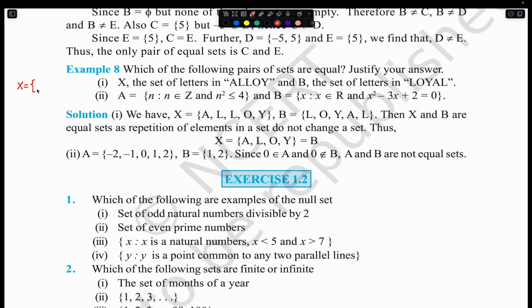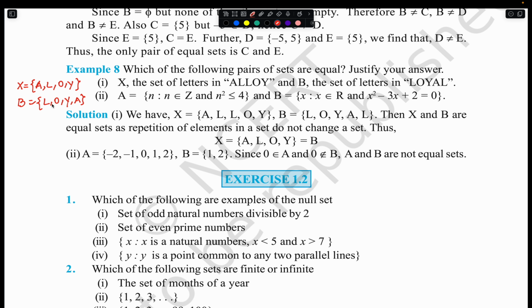X is going to be, since you are trying to find the letters which make the word alloy, A, L, O, and Y, right? Similarly, B is the set of letters in the word loyal, so you have L, O, Y, and A.